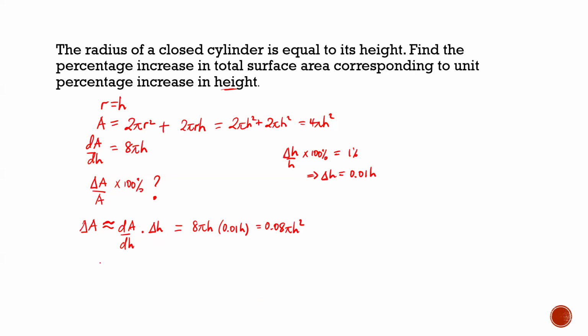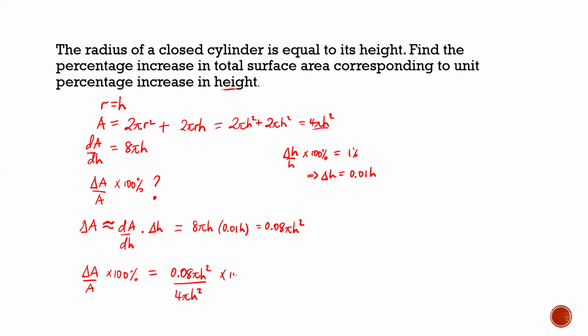And so now how do we get the percentage increase in the total surface area? That's going to be delta A out of A times 100%, like we had stated earlier. Now what's our delta A? It's 0.08 pi h squared, and our A is 4 pi h squared.